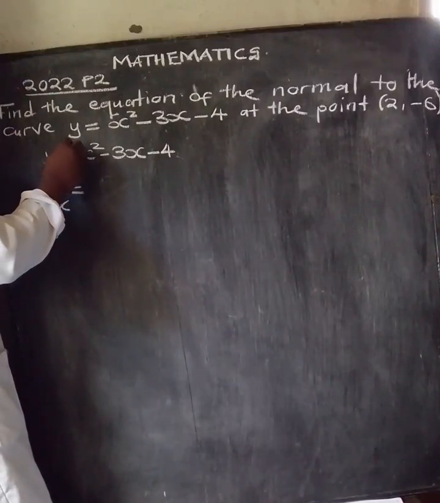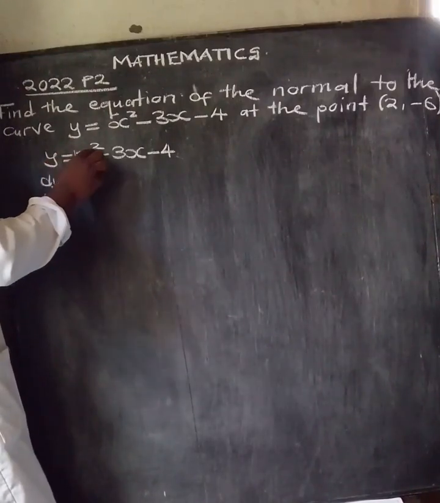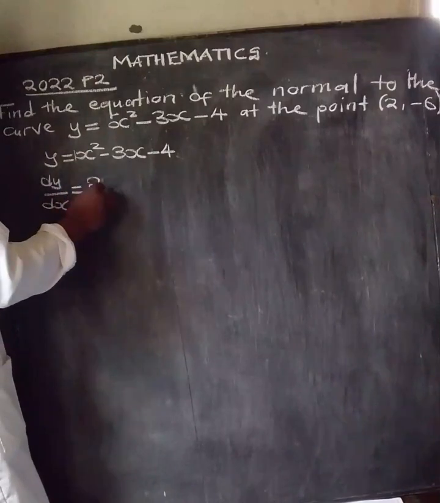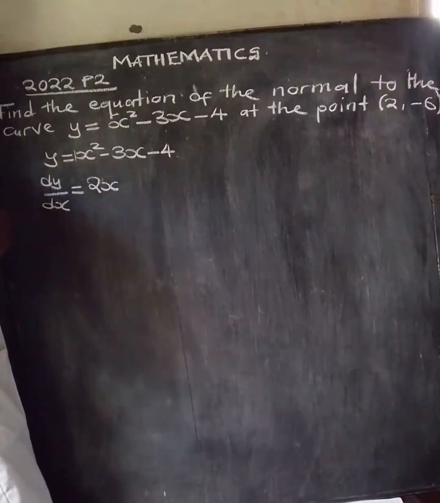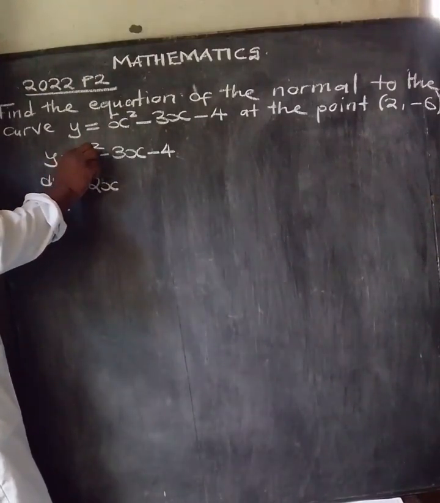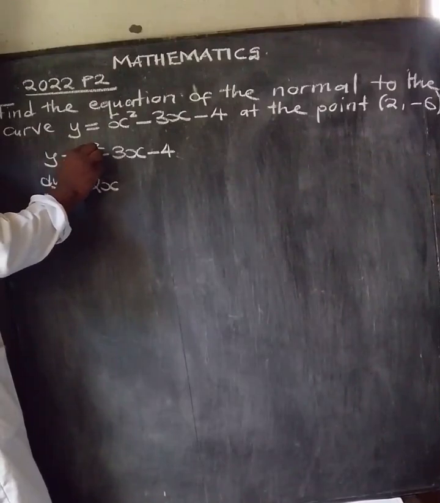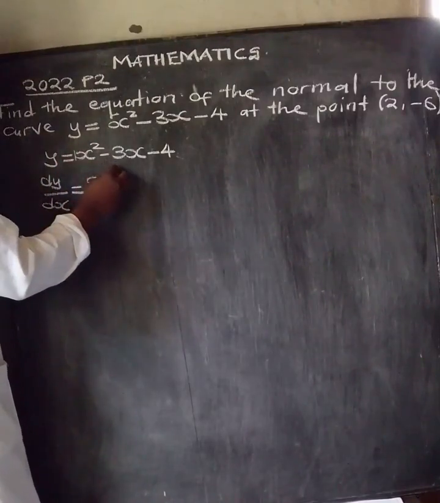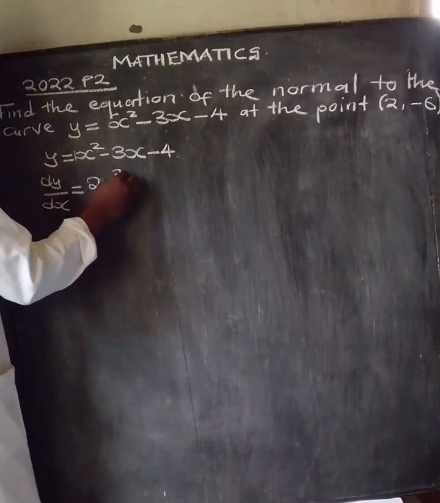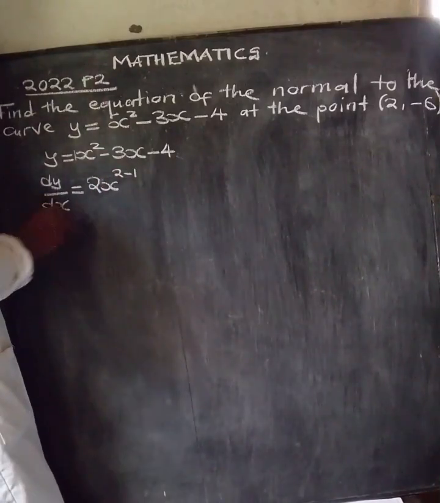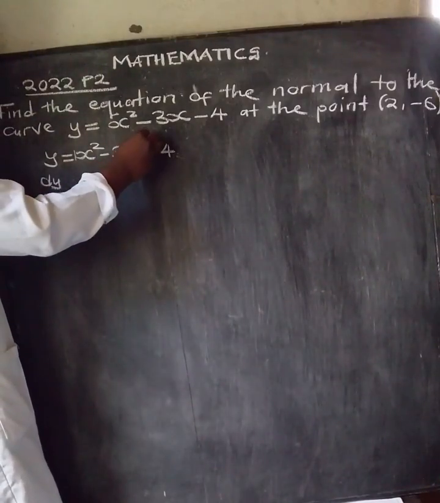So in this case, the coefficient is 1. So we multiply 2 times 1, get 2x. Then you subtract 1 from the power. The power is 2, so we subtract 1, 2 minus 1.